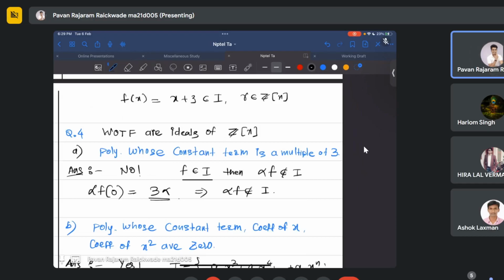That's the question. So tell me one thing, r is the constant 2. Is it a polynomial? Yes, sir. What is rf? This is 2x plus 6, right? Does it belong to I?